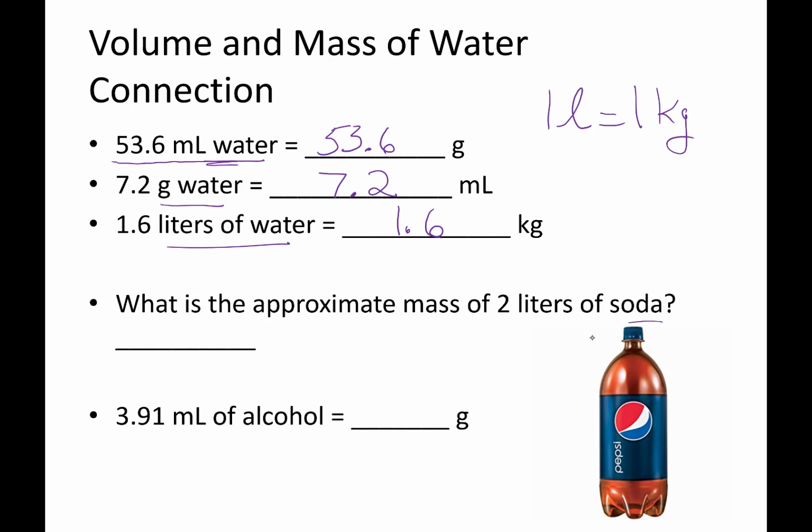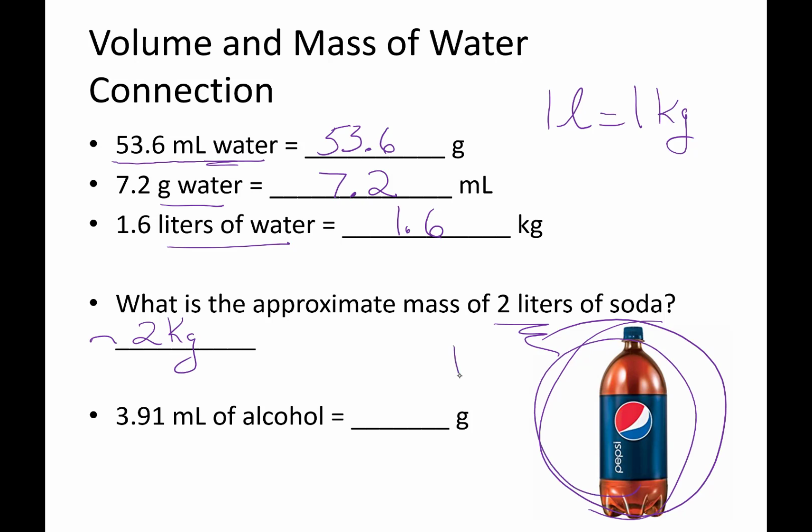Okay, let's see how clever you're feeling today. So let's say I've got a 2-liter bottle of soda pop. And I want to know what's the approximate mass of that 2-liter bottle of soda pop. You can impress your friends with this crazy bit of knowledge. It's 2 liters, so it should be about 2 kilograms. Now, question. It's not just pure water, is it?